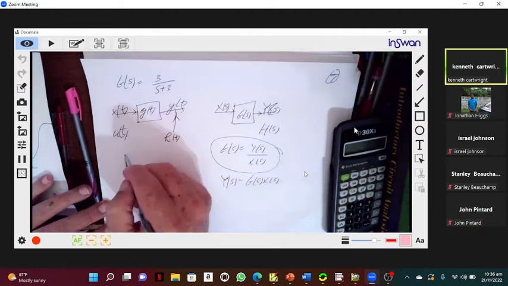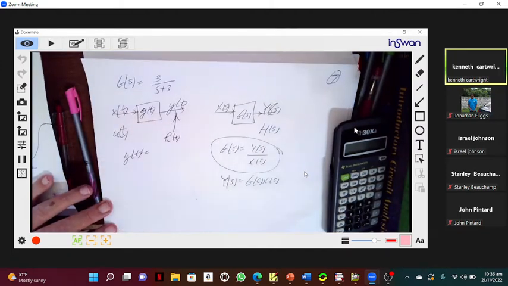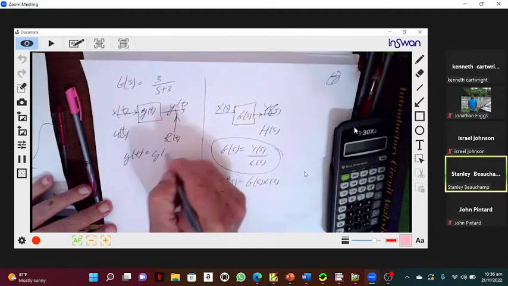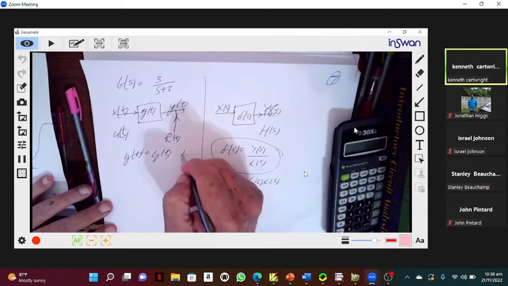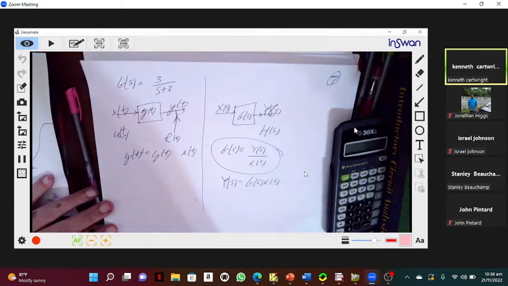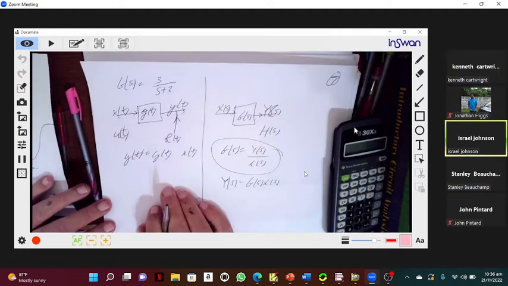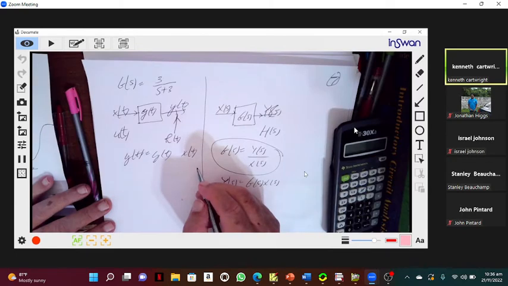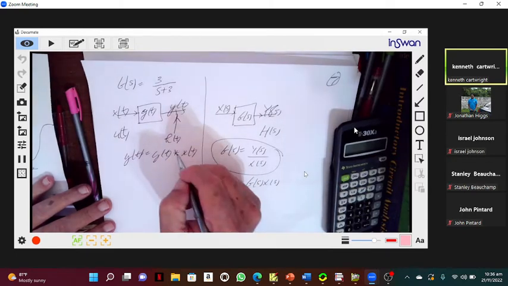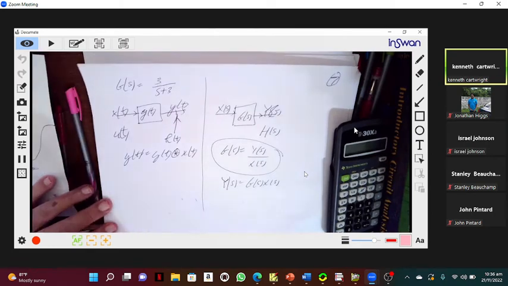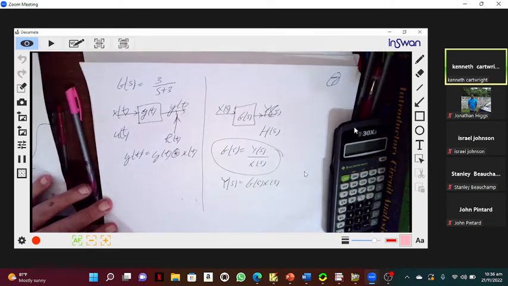Okay. What's y of t equal to? That's the impulse response multiplied by x of t. Absolutely not. I made a big production about that not being true. You mean the convolution? Thank you very much, Mr. Johnson. G of t convolved with x of t, and I showed you what convolution meant.